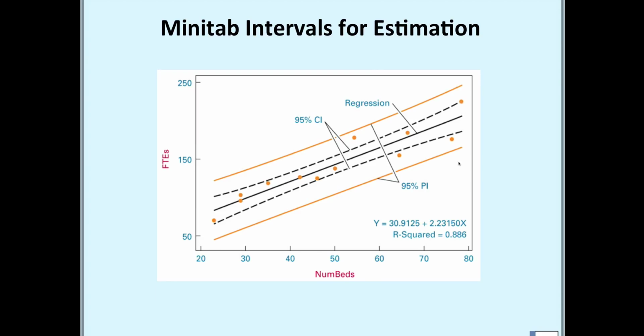As you go further away from the mean, it starts increasing, both here and here. That's the same thing for when you want to predict something for individuals. In the middle, you have a smaller confidence interval than at the tails.